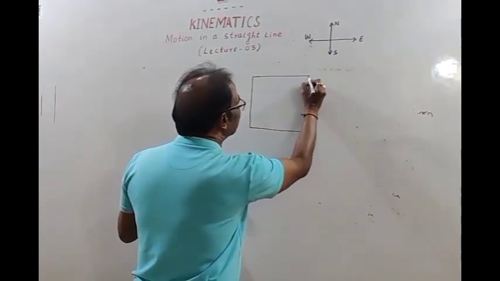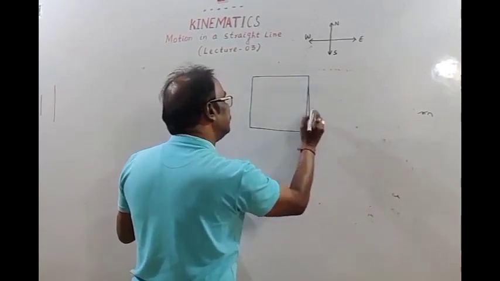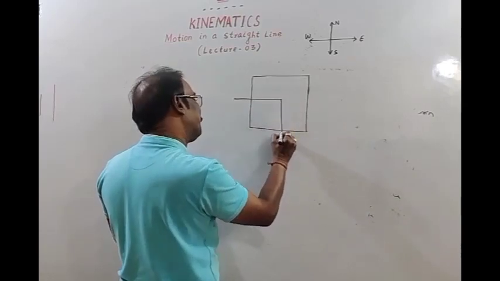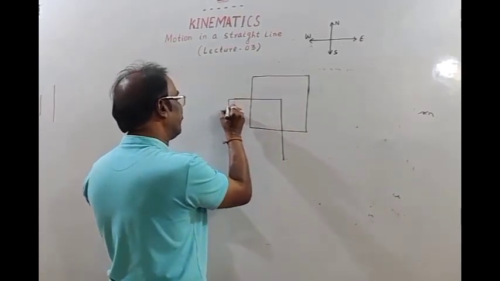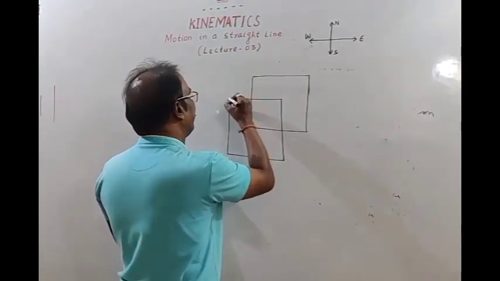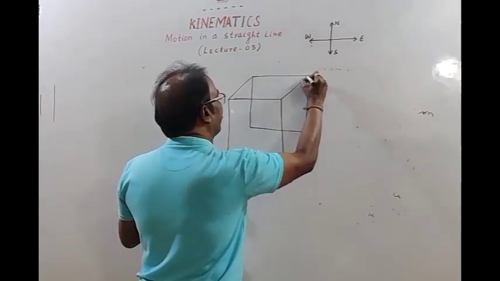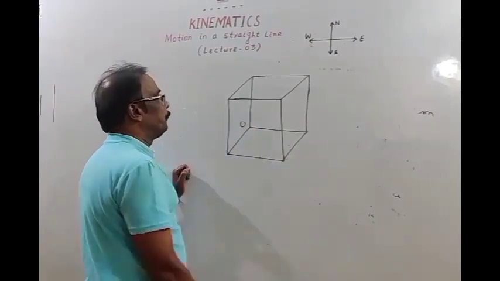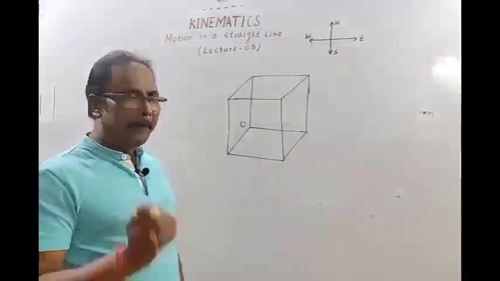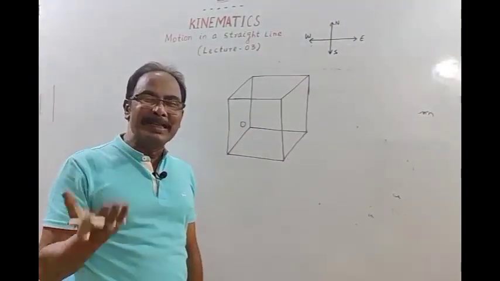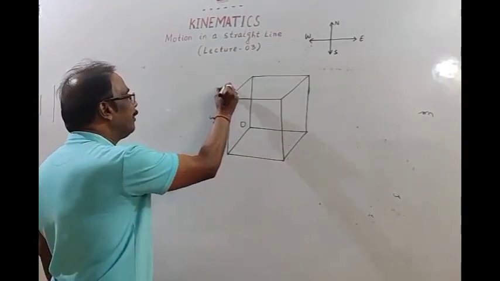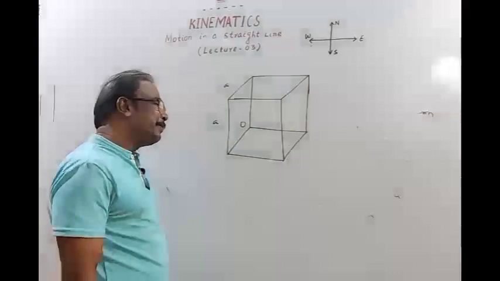Just imagine a hollow cubical container. A particle or a point moves inside a hollow cubical container of side a. The side of the cube is a.